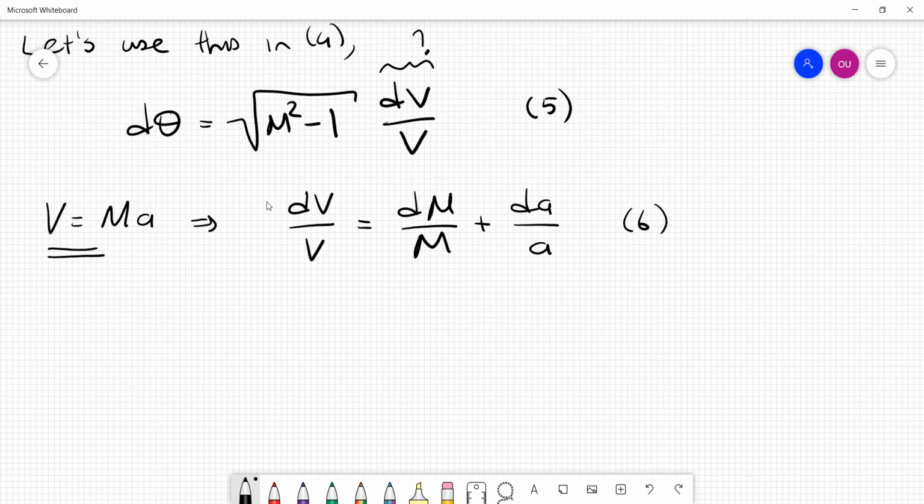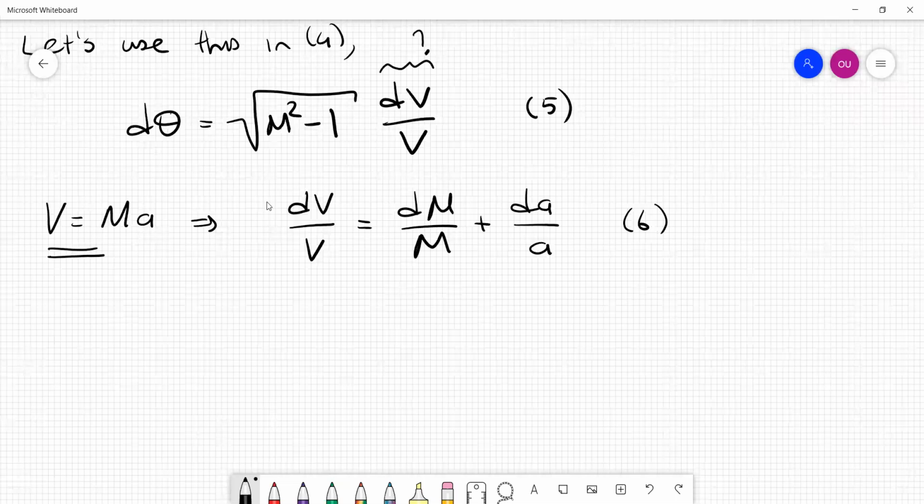We take the ln of both sides, so first ln V is equal to ln MA, then we take the derivative d of both sides. Because ln MA is ln M plus ln A, you see where that's going. So that's equation 6. We will make use of that.